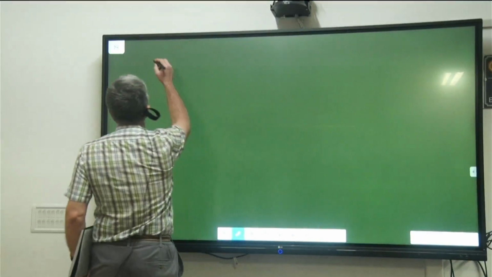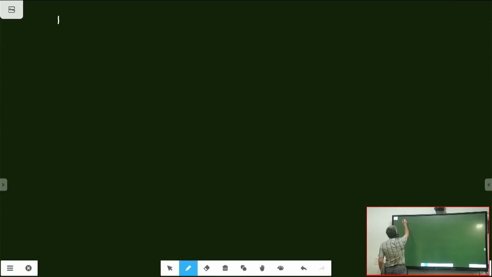So we have 1, 1, so don't need comma. Multiplied by F31. So what did we choose for this example? What is it? 1 and 3.